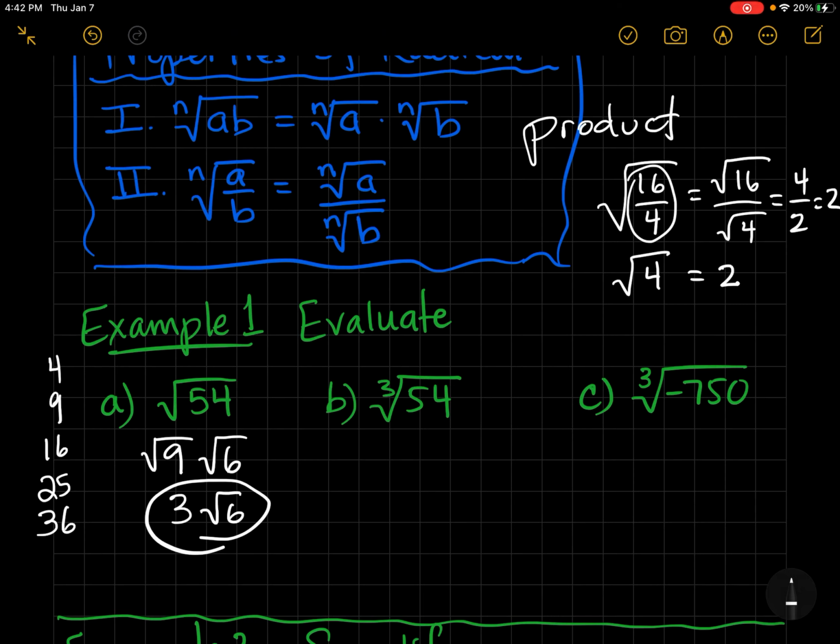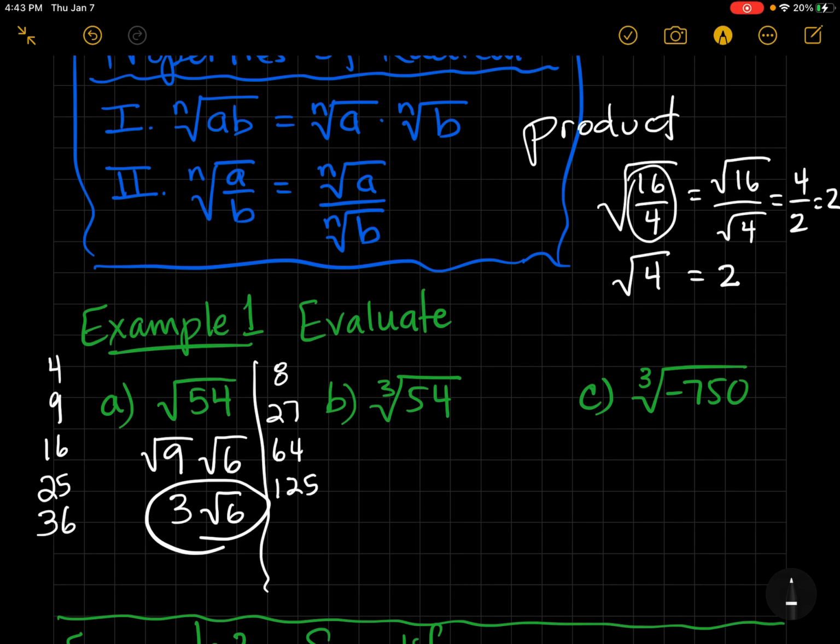But when we simplify cube roots, we're looking for perfect cubes that go into 54. Our perfect cubes, besides 1 cubed, 2 cubed is 8, 3 cubed is 27, 4 cubed is 64, 5 cubed is 125.